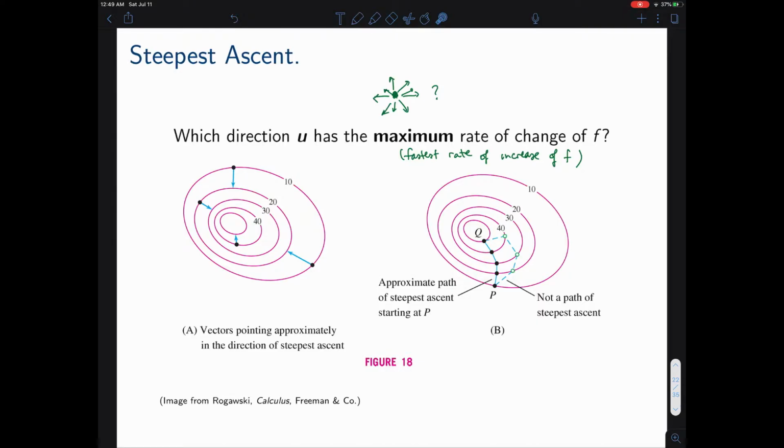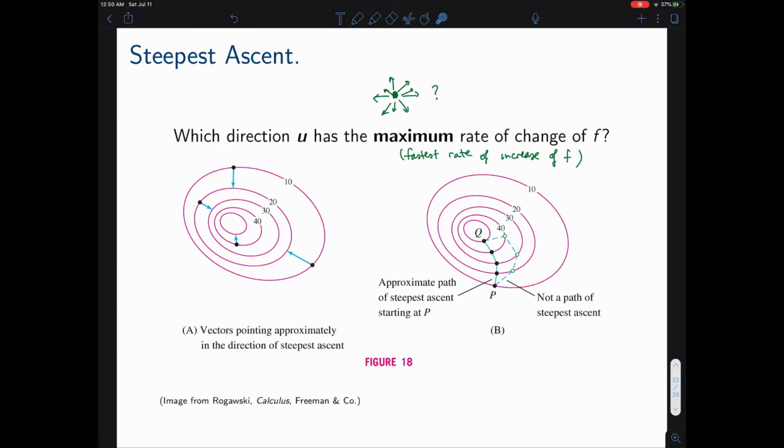Looking at these schematics, these are contour plots for functions. In both of these contour plots, it looks like there's a hill. It's getting taller as you approach the center of this hill, and so we want to go as steeply up as possible. Just from this point, what's the steepest up direction out of all possible directions?